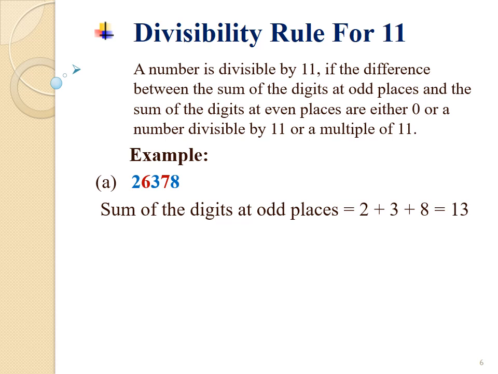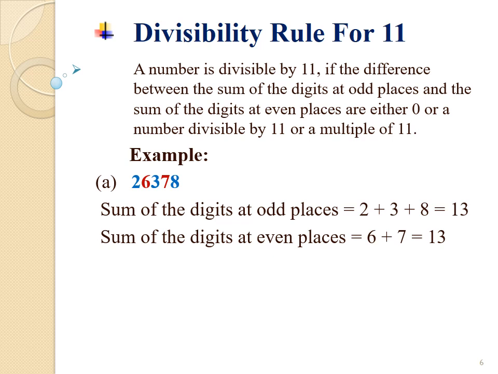Now, step number 2. Finding the sum of the digits at even place by adding the digits of even place, like 6 and 7. We get 13.